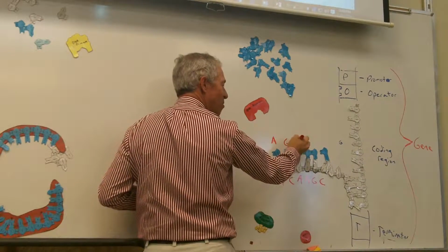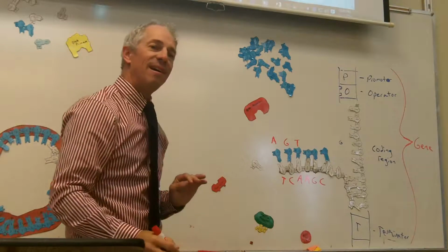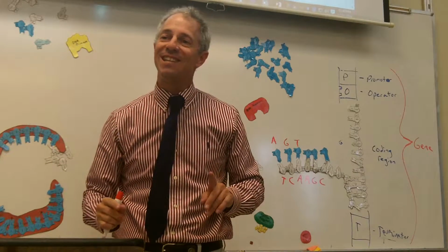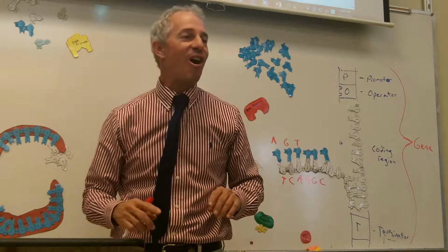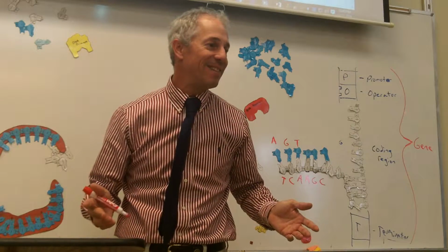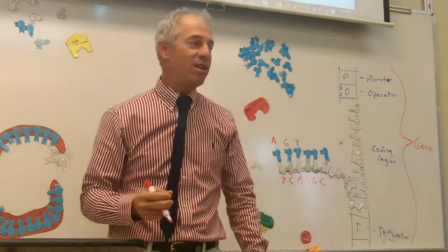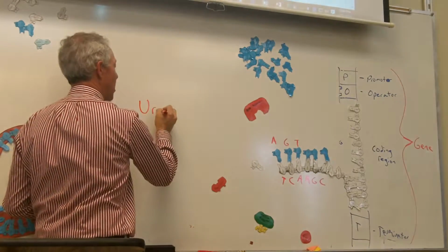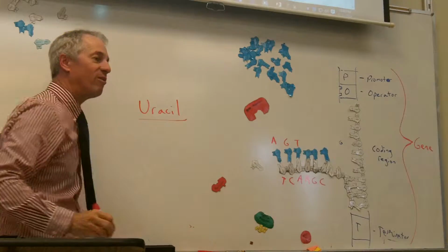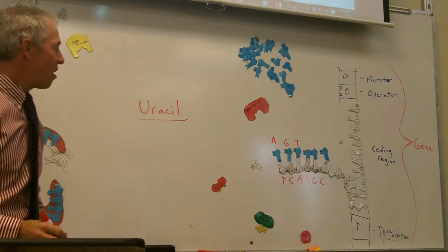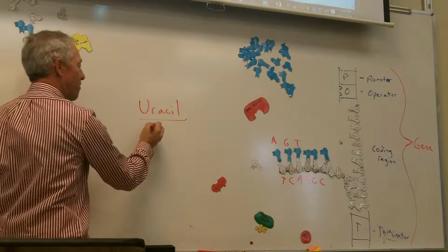You would think it would be T. But there's a special rule that you need to know about RNA. RNA doesn't have T. RNA has U instead of T. U is called uracil, and it's another base that we hadn't learned until now. RNA has uracil instead of thymine.